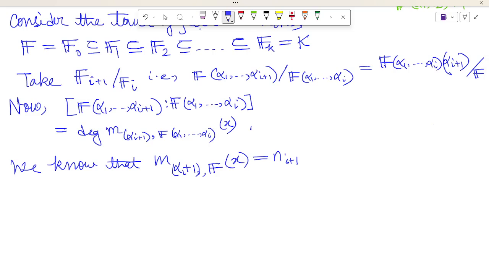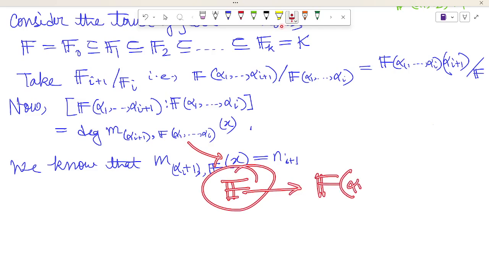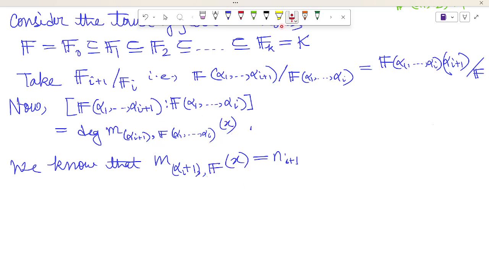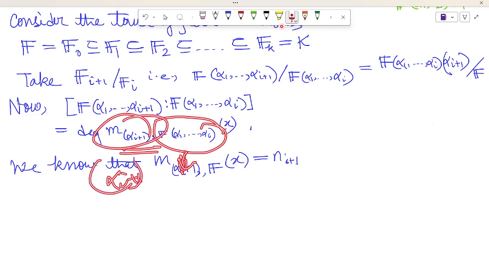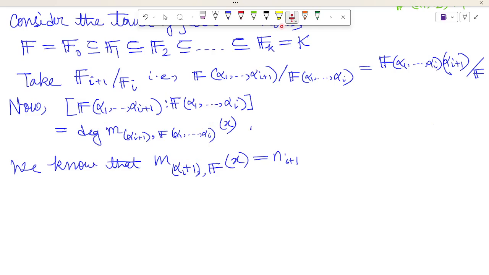So the coefficients are coming from F. So I can treat them as coefficients in the bigger field, this field. So in this field, I get this polynomial whose root is alpha i plus 1, because it is a minimal polynomial, monic irreducible. So the minimal polynomial over F will divide this polynomial, because this is an arbitrary polynomial here. Okay.